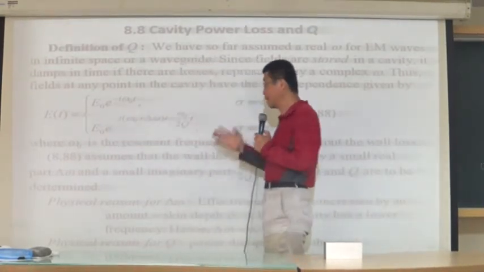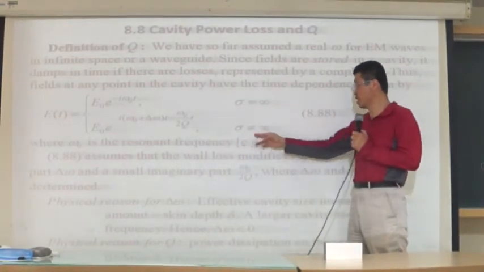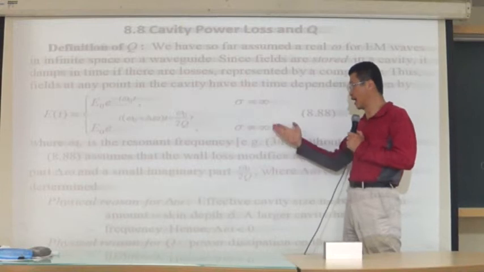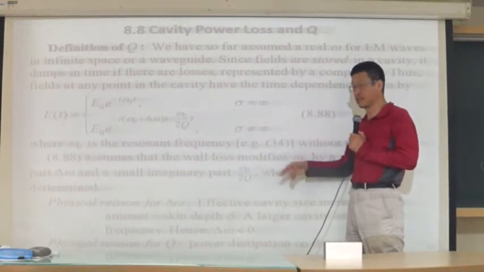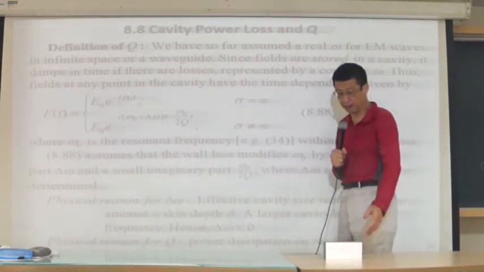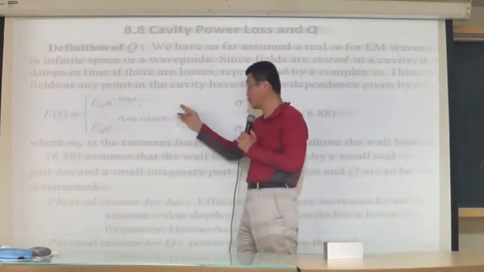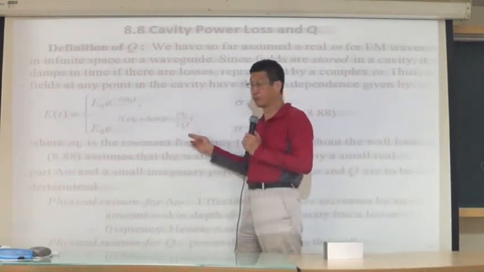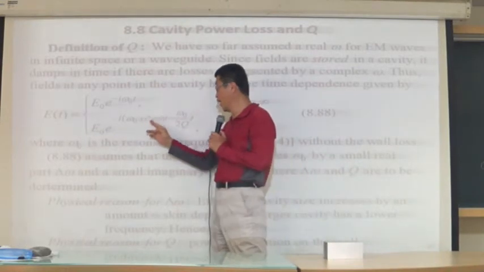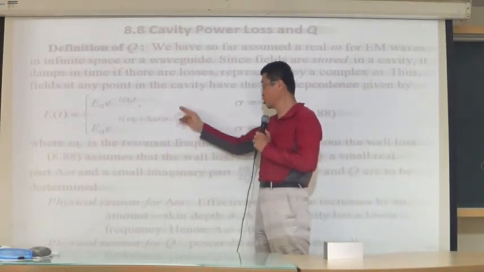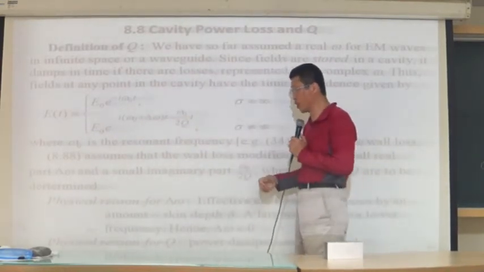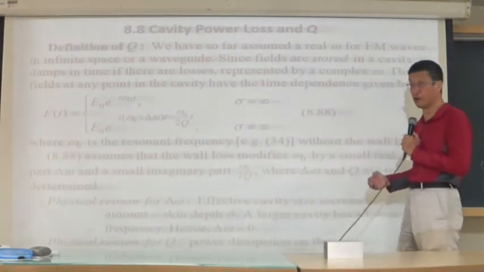Okay, but since the conductivity is not ideal, we will consider finite conductivity. In that case, it will exponentially decay in time. So we will add these terms. Let me explain the physical reasons for delta omega.